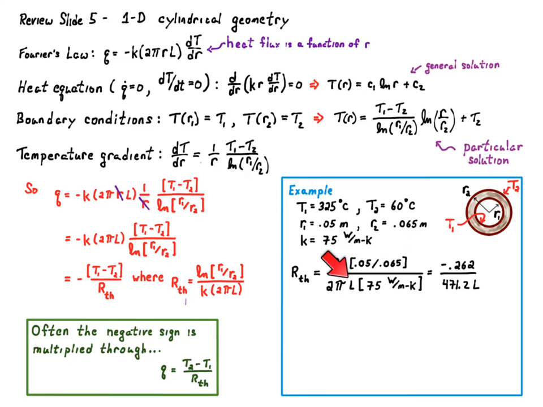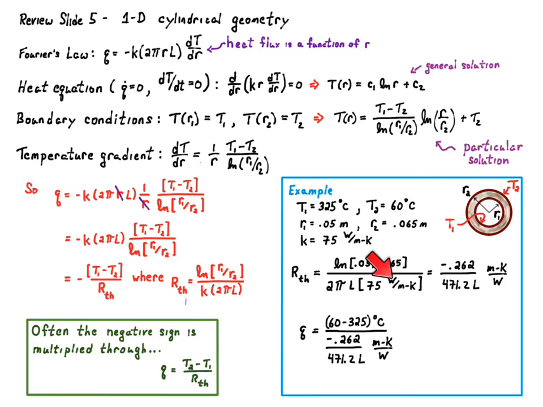And in this case, doing the denominator, we don't have a specified length here, so we'll keep it as a variable. And the units of the thermal resistance is meter Kelvin per watt.